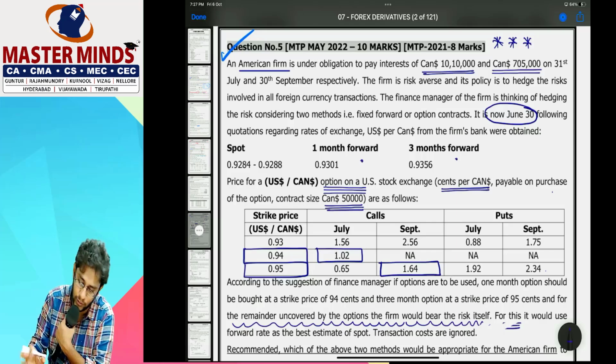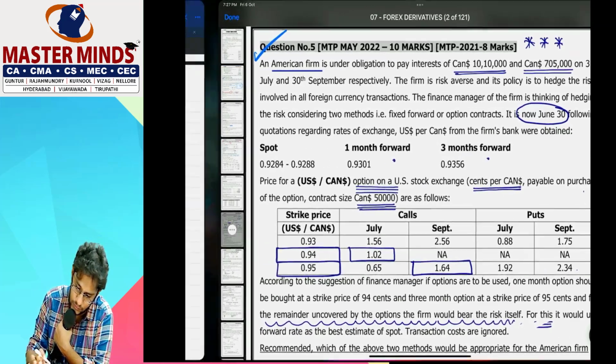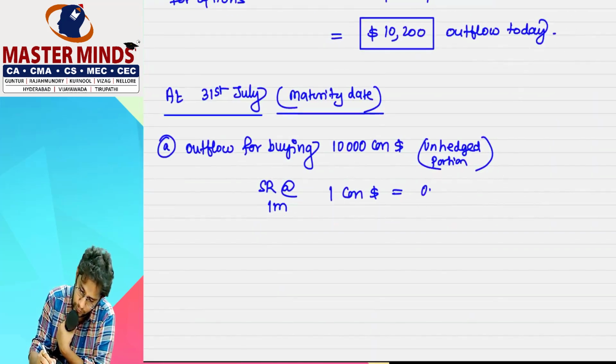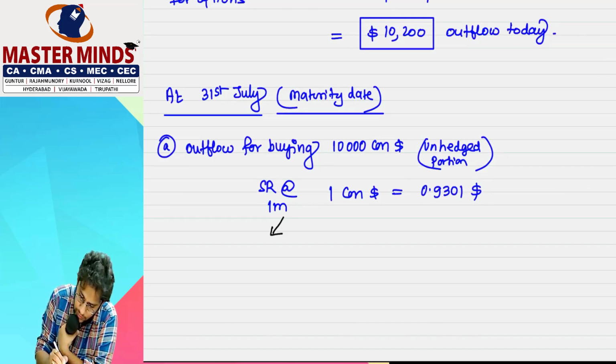So 1 month forward rate only you write. 0.9301 US dollars.